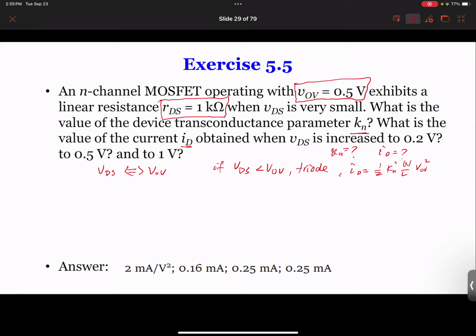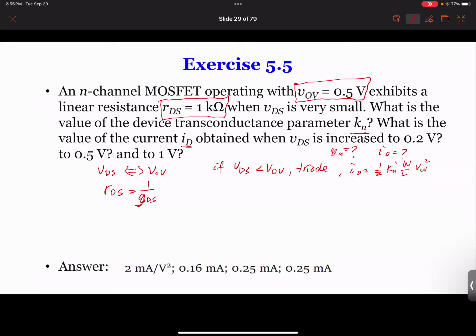This is how you calculate the current. But of course, in this problem, it didn't ask you to calculate current, but it actually tells you that RDS is 1 kilo ohm. If you remember from our earlier work, how do we calculate RDS when VDS is very small? It has to be in the triode mode. Well, let me rewrite this equation here.